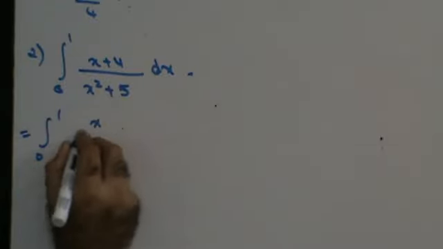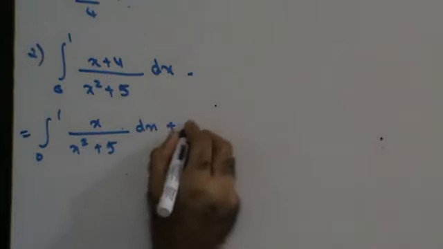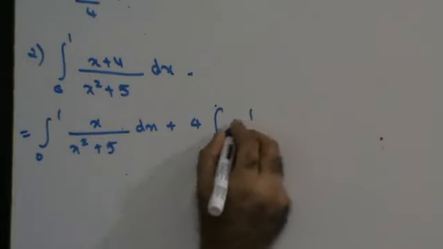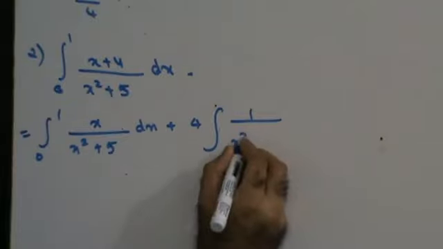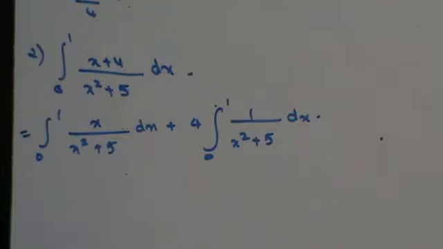0 to 1, x upon x square plus 5 dx plus 4 integral of 1 upon x square plus 5 dx, 0 to 1. Right? Now we know, guys, if I do the derivative, d by dx of x square plus 5 is 2x.